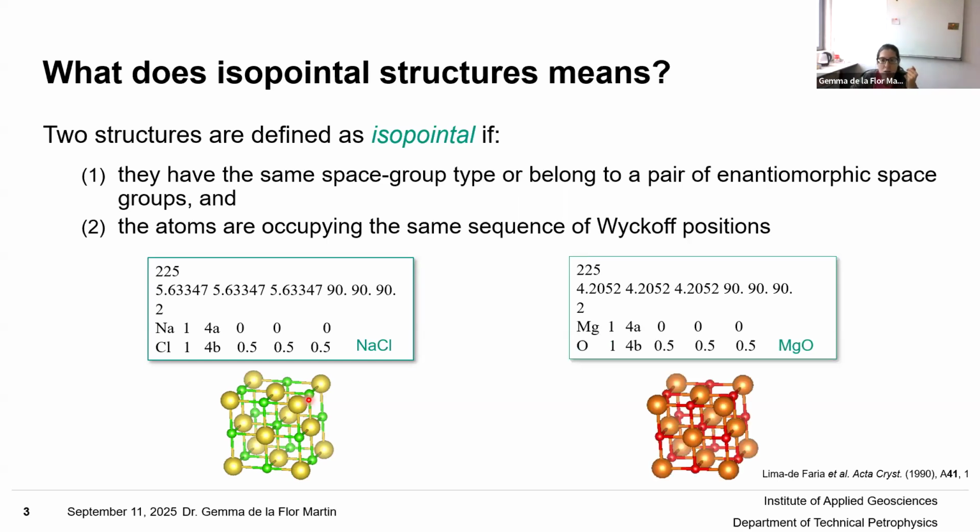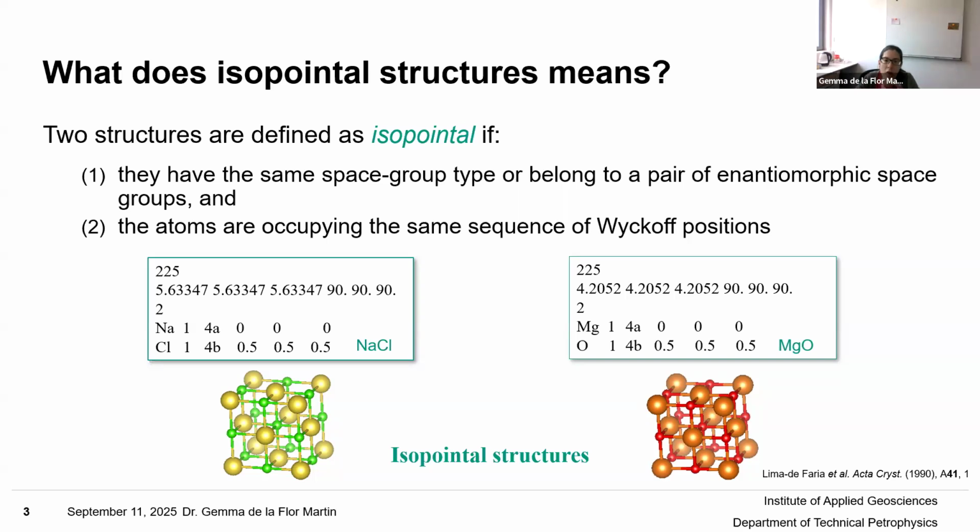As you can see, these two structures belong to the same space group type. They belong to the space group number 225. There are two atoms in the asymmetric unit in both structures, and the atoms in both structures are occupying the same sequence of Wyckoff positions. So this means that these two structures are isopointal.